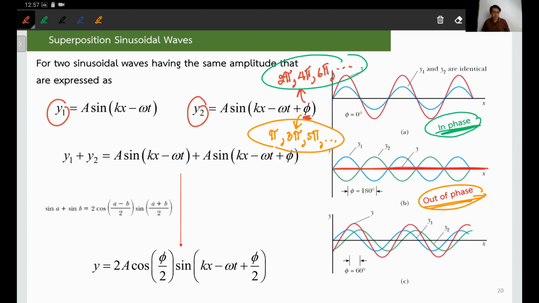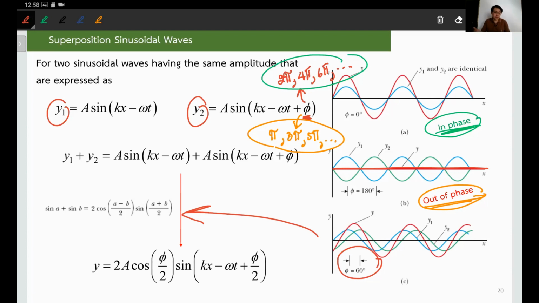Okay, sounds good? All right, so if you get this idea, then of course, in other cases that are not an odd multiple of pi or even multiple of pi, you will get somewhere in between. And for that, you need to really do the summation of the two waves. But of course for us, we don't need to do that because it's more like a numerical calculation.